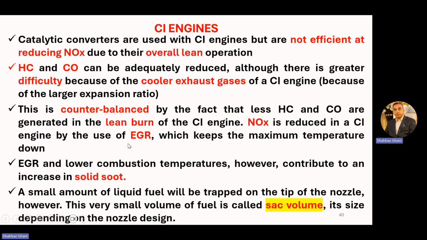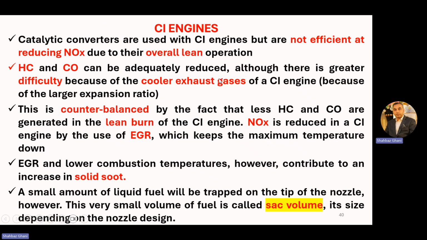Now, in CI engines, catalytic converters are used, but they are not as efficient at reducing NOx due to their overall lean operation, because the CI engine operates in a lean region. Hydrocarbons and carbon monoxide can be adequately reduced, although there is a greater difficulty because of the cooler exhaust gas temperature of the CI engine, because of the larger expansion ratio.